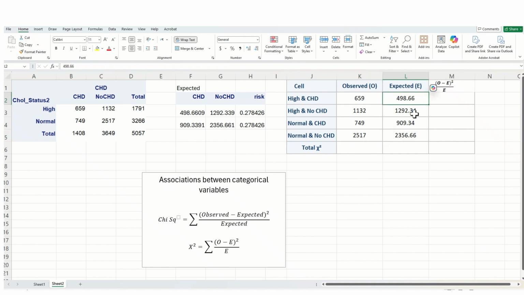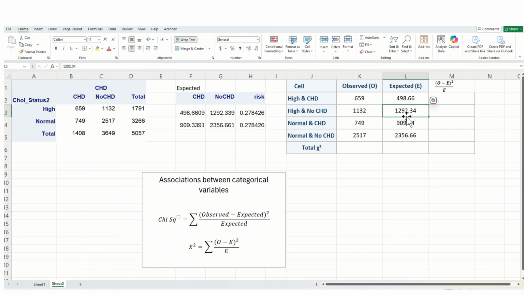And the expected values are given in the next column, and we can clearly see here that for the individuals with high cholesterol who develop chronic heart disease, the observed value is much higher than the expected. So that gives us an indication that there is something going on in individuals with high cholesterol, which leads them to develop chronic heart disease.